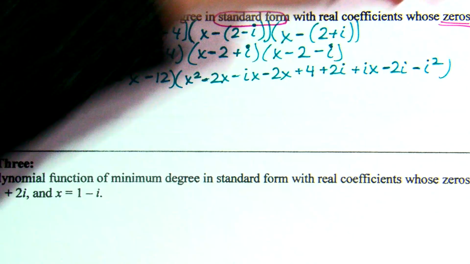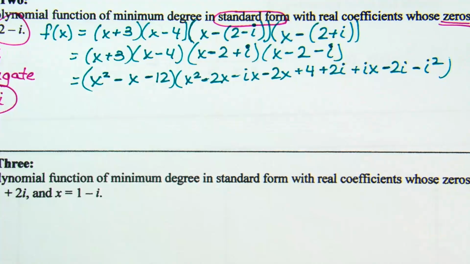So, clean up. What do you see? A lot of things. Do some of those things cancel? Yes. Minus ix cancels with plus ix. That's nice. Plus 2i cancels with minus 2i.